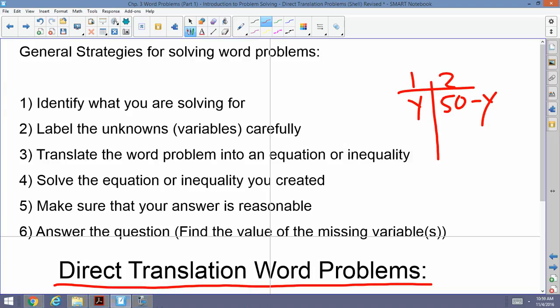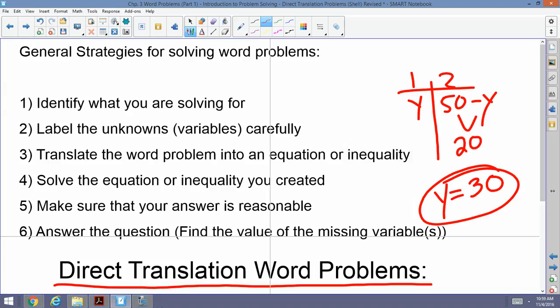Let's just say that you figured out that y equaled 30, just for giggles. And I asked you, what is the size of the second piece of wood? You would have gotten this wrong had you said y is 30. Now you're going to say, but Moro, that's y. I did not ask for y. I asked for the second piece. So it would really be 20. Read the question and answer the question.